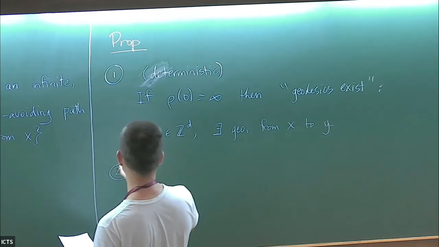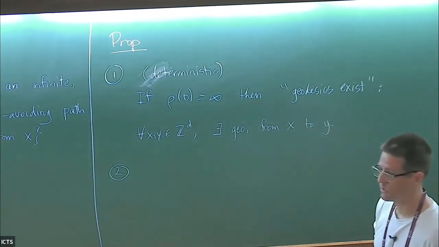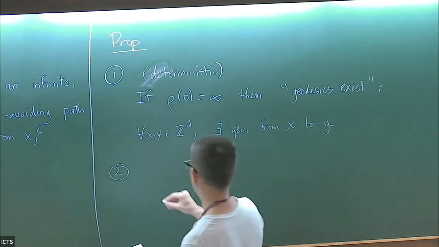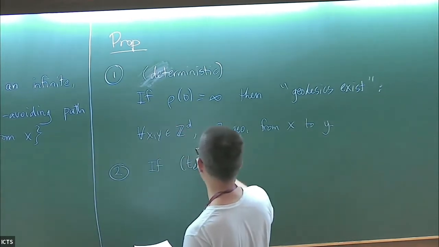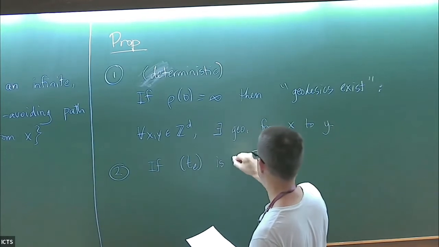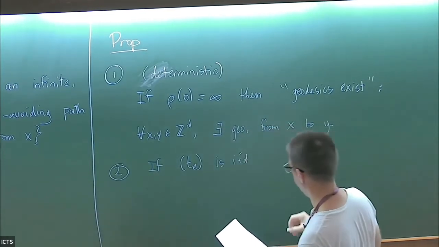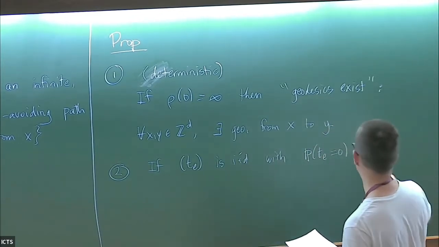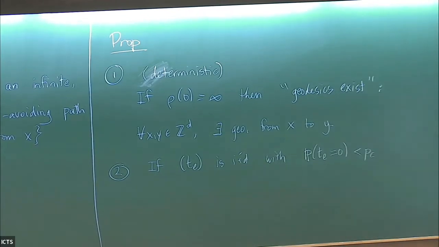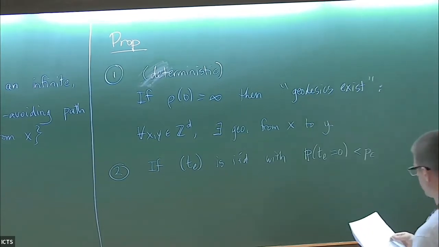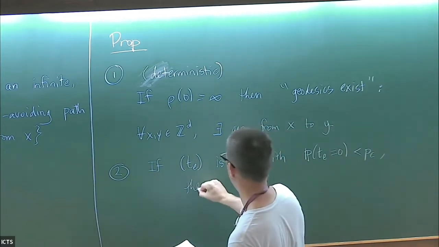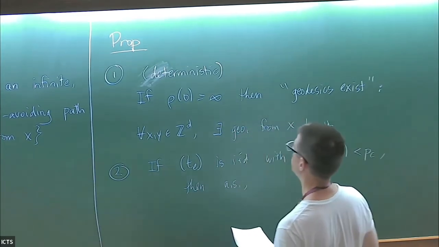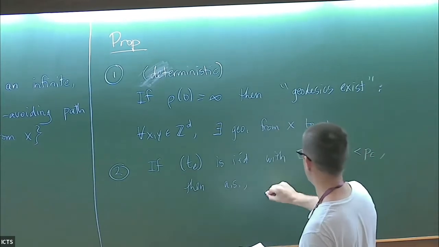Number two: then the question is, when is rho 0 infinite? Well, if our edge weights T_e are IID with probability that T_e equals 0 less than p_c, where p_c was defined yesterday by Riddhi, the threshold for ordinary Bernoulli bond percolation, then almost surely rho 0 equals infinity.